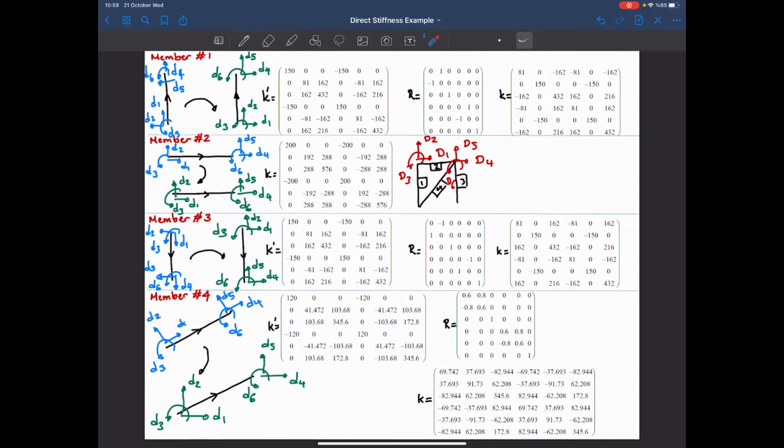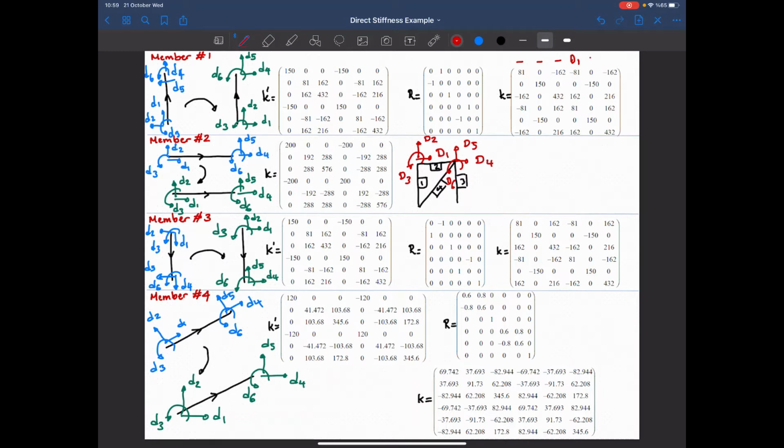How do we do that? Let's take a look. There's a practical way of doing it. Now I'm looking at the first member. The fourth, fifth, and sixth degrees of freedom of the first member will correspond to the first, second, and third degrees of freedom of the structure. So I'm really interested in the following coefficients. These three coefficients we don't use in the structural stiffness matrix, but the fourth degree of freedom is defined as the first degree of freedom in the structure.